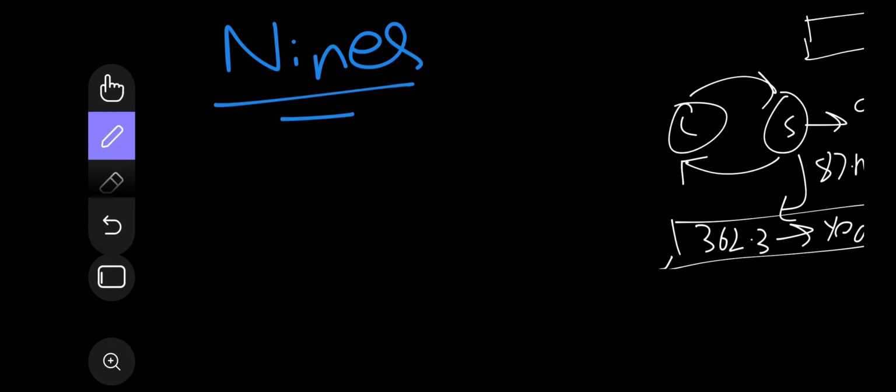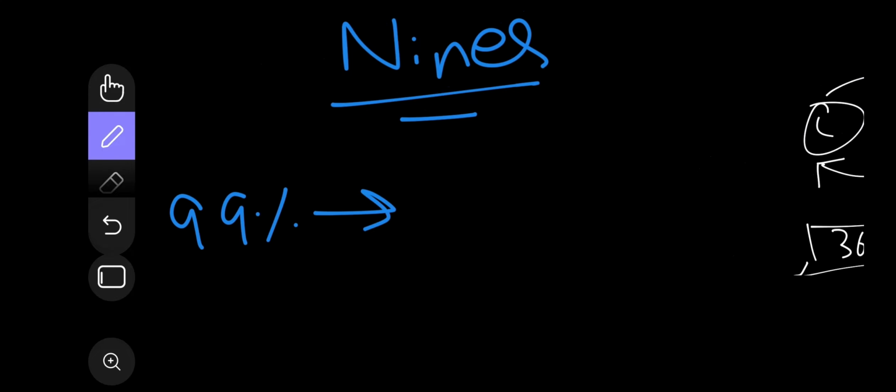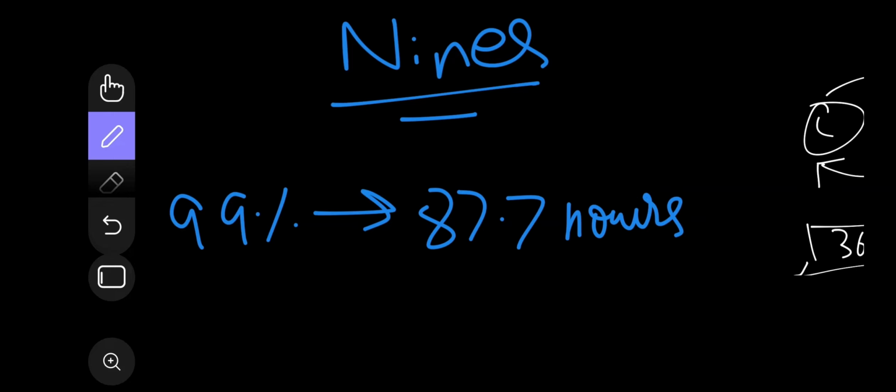Nines typically refer to the percentage of uptime. For example, 5 nines means an uptime of 99.999% of the time. Let's talk about examples. Let's say we have 99%. It refers to an unavailability of 1%, that is, 7.7 hours of unavailability.